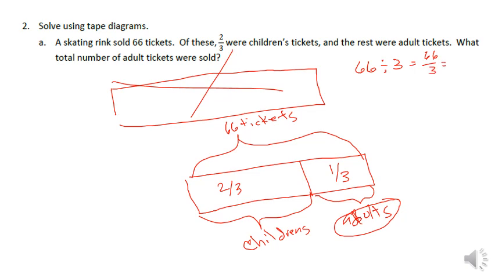I can see 3 going into 66 22 times, which equals 22. So 1/3 would equal 22. And that means 2/3 would have to equal 44. And if you added them up, you'd end up with 66 tickets.